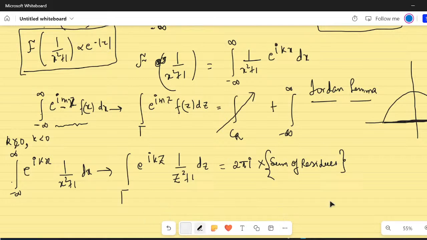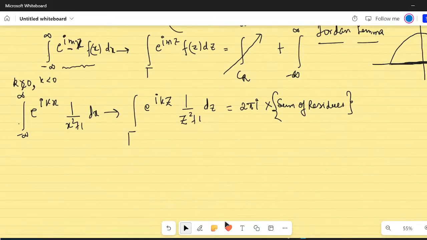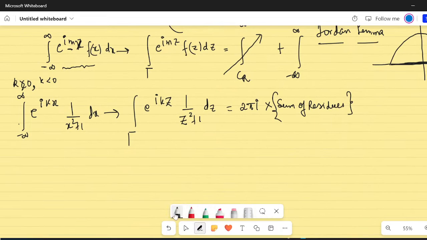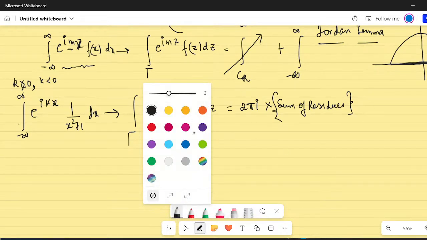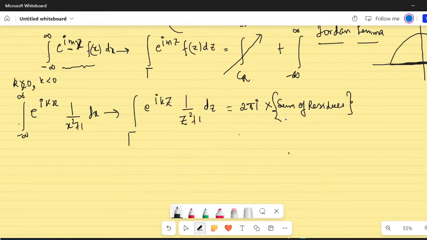This is one thing that you should understand. Now when I'm talking of residues, I need to find the singularities. So singularities are clearly z equals plus minus iota. And please do remember here k can be positive as well as negative.